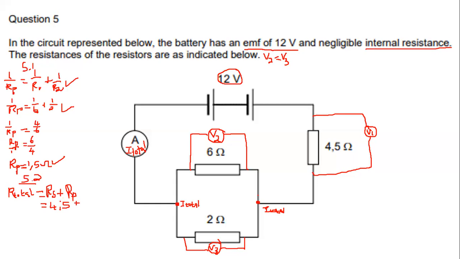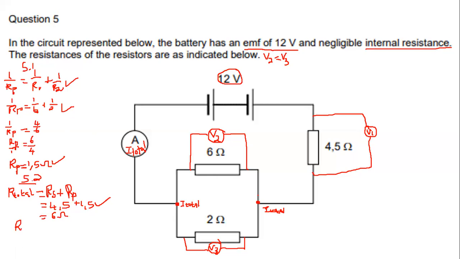And then R parallel, we calculated it there, and we know that it is 1,5. Then 4,5 plus 1,5 definitely gives us 6 ohms altogether. So now we know the total resistance of the circuit, and most definitely I know you will get a mark. Remember, my dear learners, we were not shown this calculation, so we have to show it.